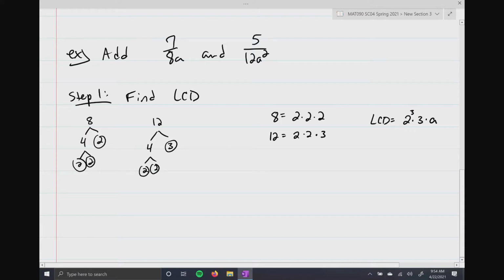The most number of 3's is in the factorization of 12, so that's going to be 3 to the first. And then the letter a, in the first fraction there's only 1, in the second there's 2, so this is going to be a squared. So my LCD is going to be 8 times 9, 72a squared.